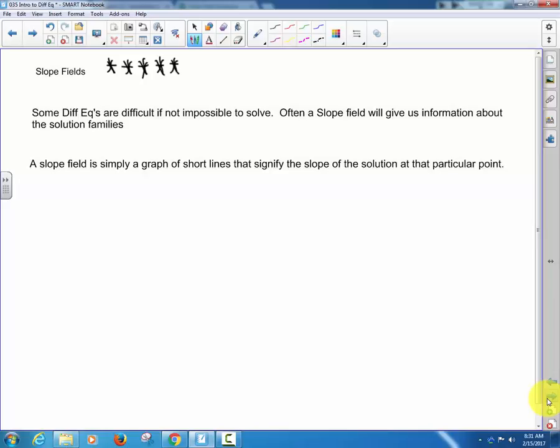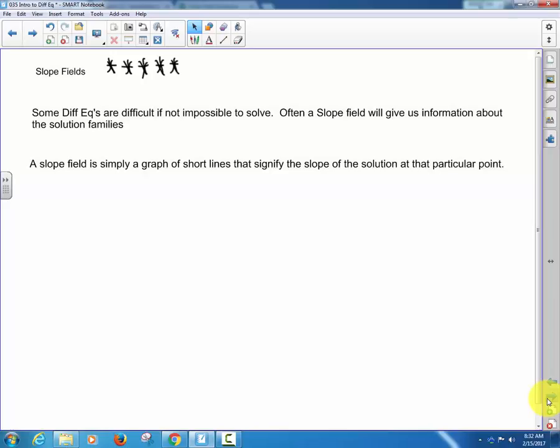But what are slope fields, or why do we want slope fields? Slope fields are relatively new in mathematics. By that I mean probably only in the last 50 or 60 years have they been really useful to us because of computers now. Because as I said earlier, sometimes we can have a differential equation. It may look complex or it may not.